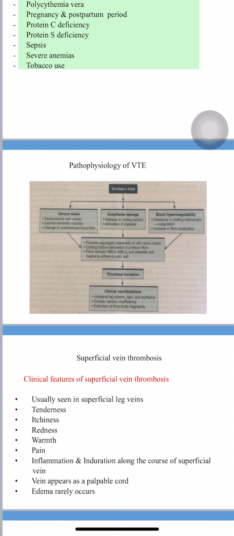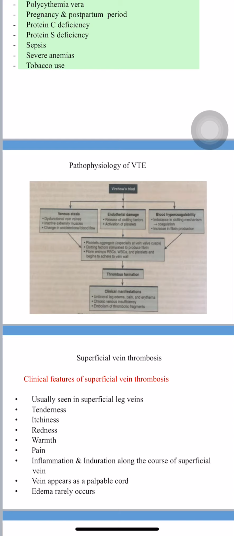Next is blood hypercoagulability. It creates an imbalance in the clotting mechanism and coagulation, and also increases fibrin production. These three factors lead to platelet aggregates, mainly in the cusps of the veins, and the clotting factors are also stimulated to produce fibrin. The fibrin entraps WBCs, RBCs and platelets, which begin to adhere to the vein walls. That leads to thrombus or blood clot formation.